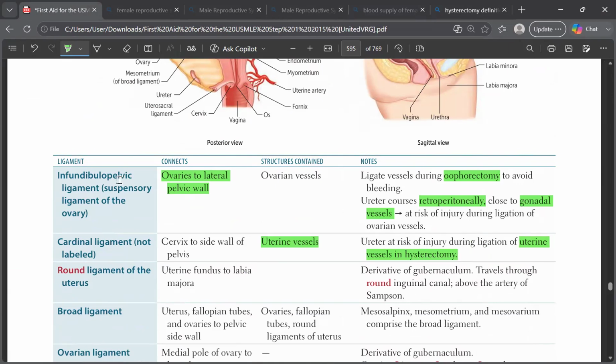Like in the infundibulopelvic ligament ligation, it was at risk of injury because of ligation of the gonadal or ovarian vessels, and with the uterine vessels in hysterectomy, it is at risk because of ligation of the uterine vessels.